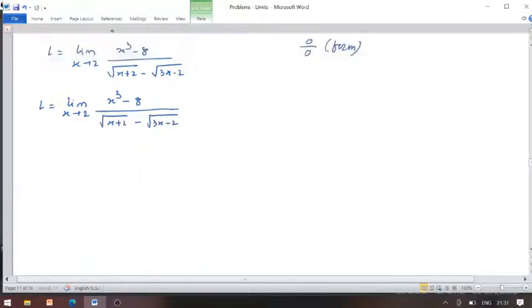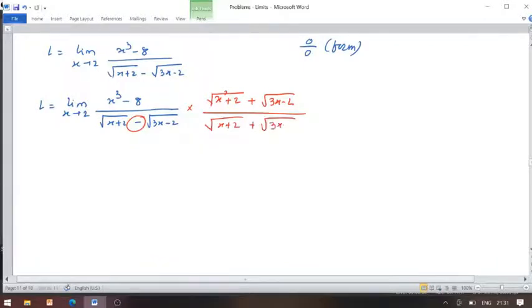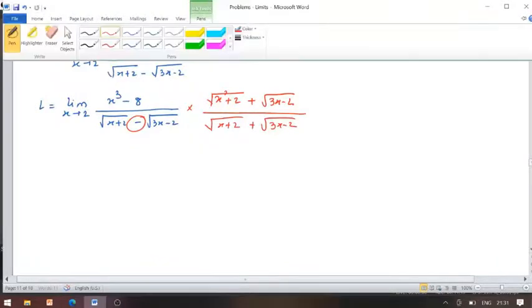Let's change the middle sign of the given term. So the rationalizing factor becomes root of (x + 2) plus root of (3x minus 2). We have to change the middle sign only. I will highlight it: root of (x + 2) plus root of (3x minus 2). We have to multiply and divide simultaneously.